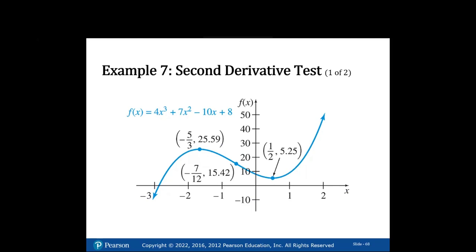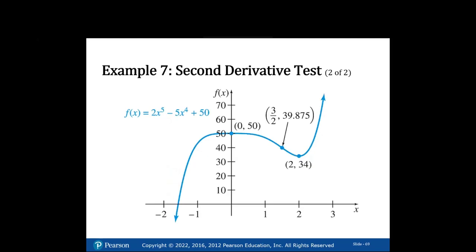And we've graphed on here, you can see where our inflection point is and where our max and mins are. So here's the inflection point at negative 7/12. And here's a critical value, which is a local max. And then this is a local min. So just looking at it on the graph, we can see that information there.